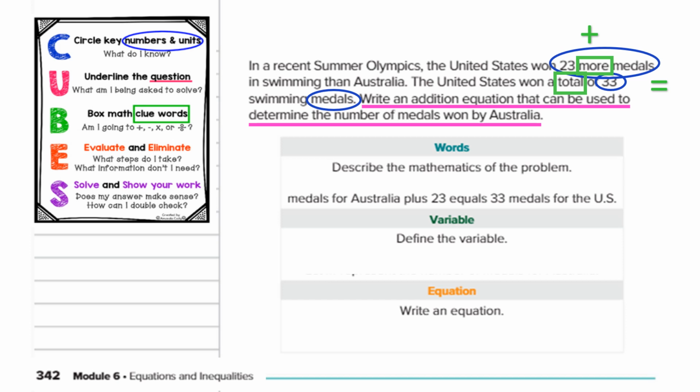So medals for Australia plus 23 equals 33 medals. I don't have the answer, so I'm just going to put an M for my variable. I know I have something missing, then I'm going to add 23, and that's going to be equal to 33. So my math equation is M for medals plus the 23 equals 33.